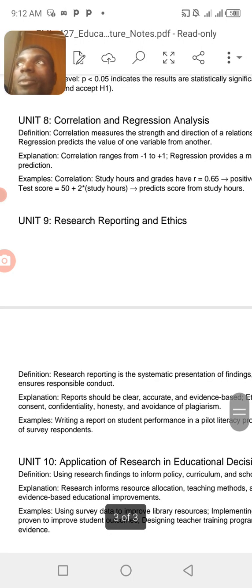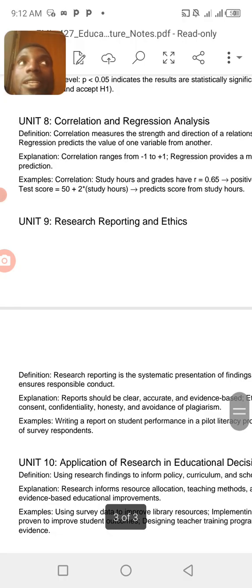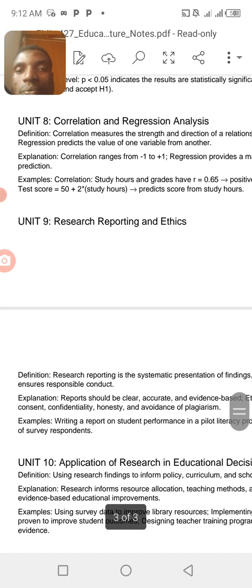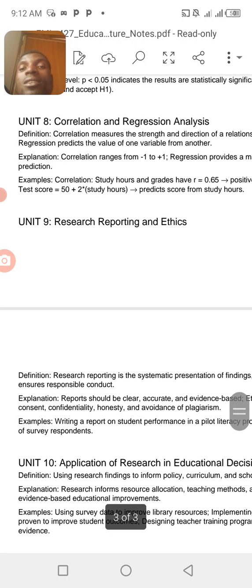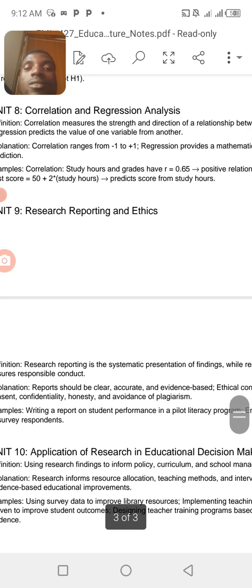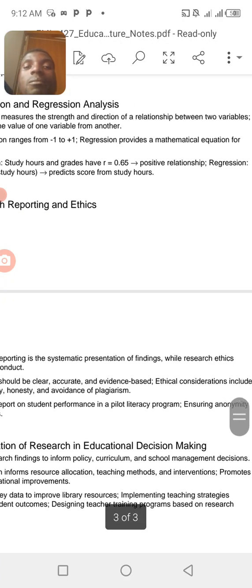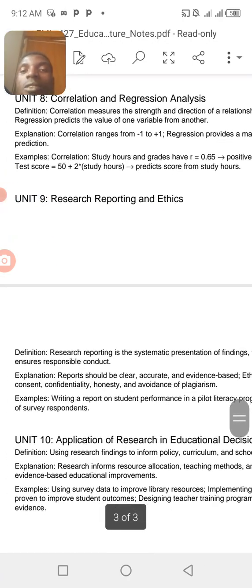So regression helps you to predict the value of one variable from another. Correlation ranges from -1 to +1. Regression provides a mathematical equation for prediction.